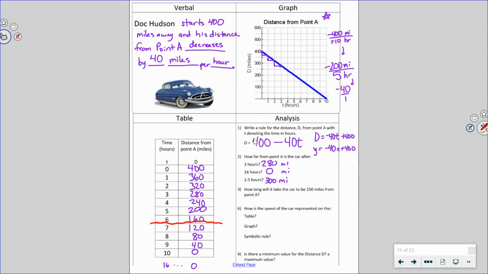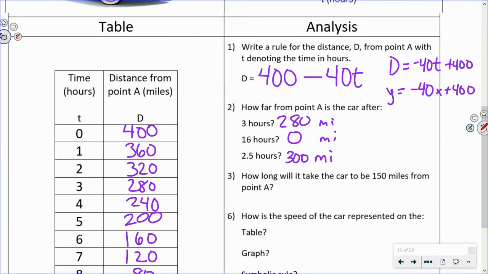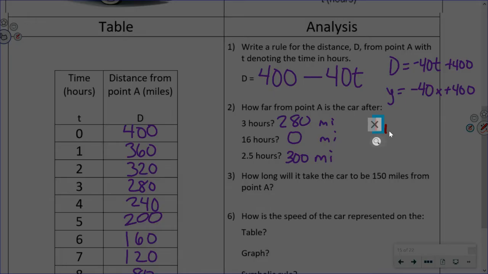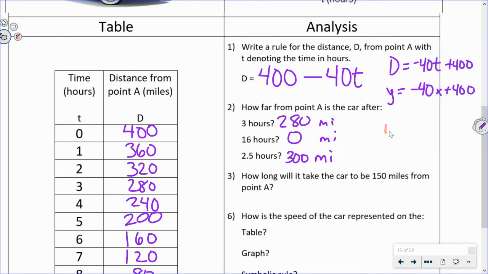So here's what we're going to do. Let's go ahead and write our equation again. D, distance, equals 400 minus 4t, but in this case, it gives us 150 miles.